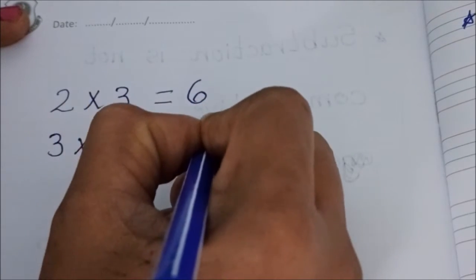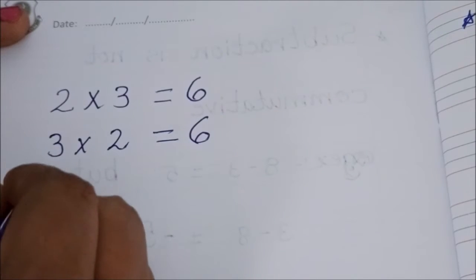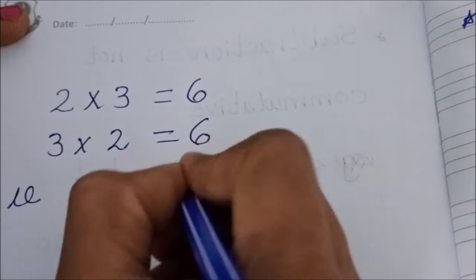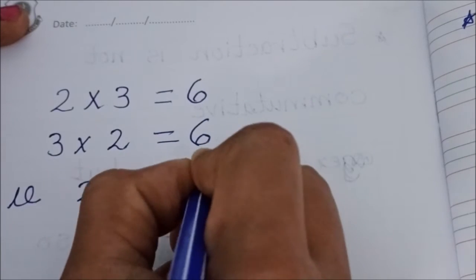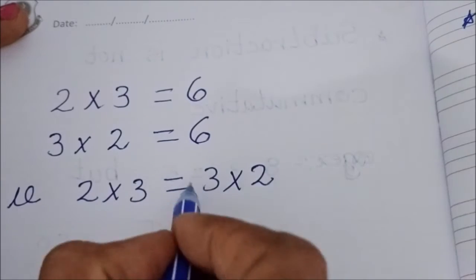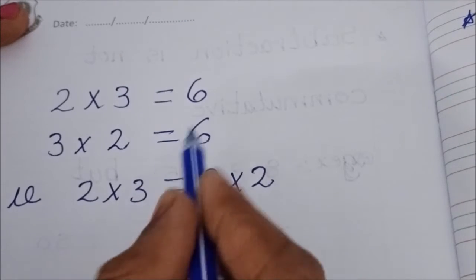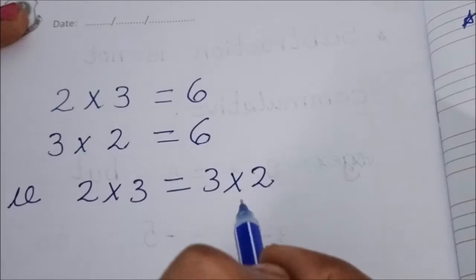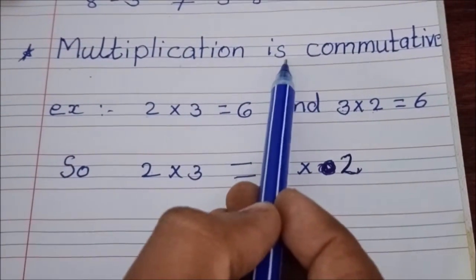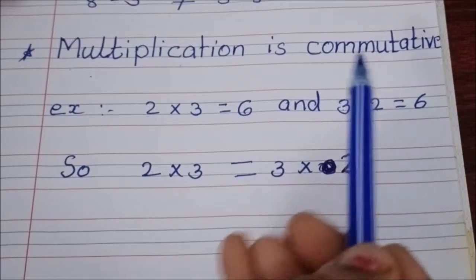It is also 6. That means 2 times 3 is equal to 3 times 2. Even though the order is changed, the product will be the same, which means multiplication is commutative.